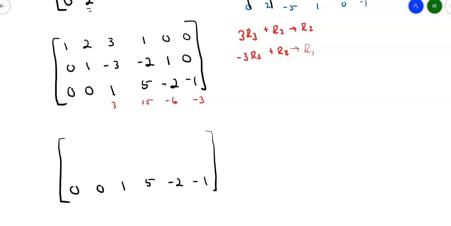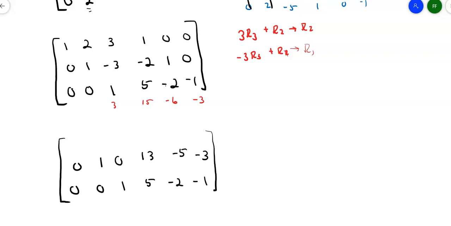Okay, take those numbers here, add them to the row above, answer goes in row 2. So 0 plus 0 is 0, 0 plus 1 is 1, 3 plus negative 3 is 0, 15 plus a negative 2 is 13, negative 6 plus 1 is negative 5, and negative 3 plus 0 is negative 3.